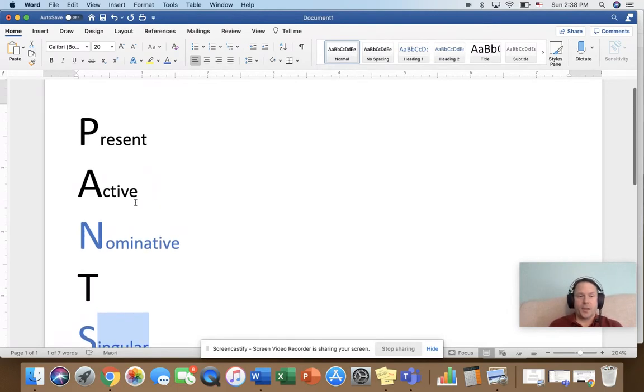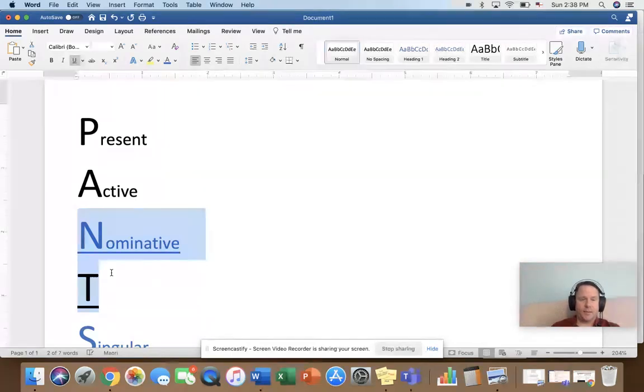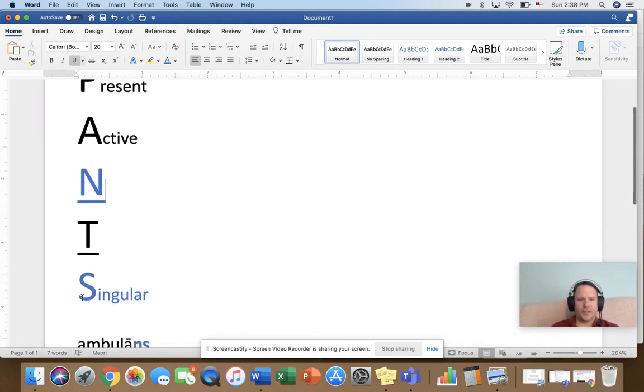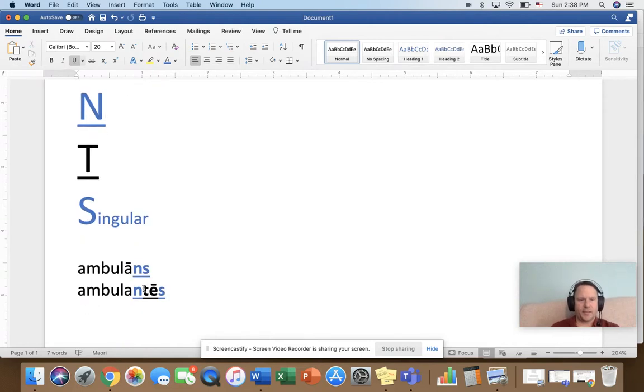Okay? Now, when it has NT with something else at the end, notice we've got NT and then something else. Well, these are the other versions of the participle. So this is nominative, accusative, plural.